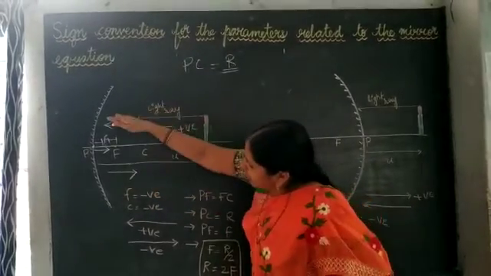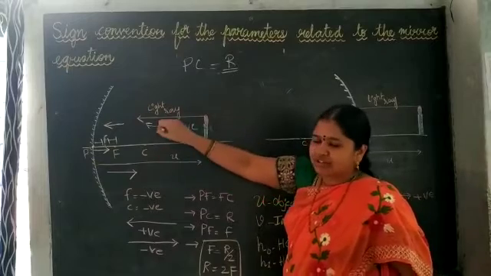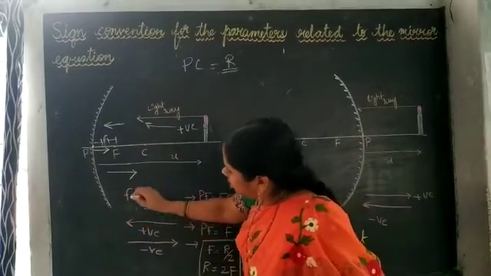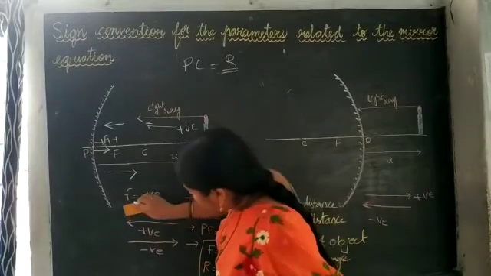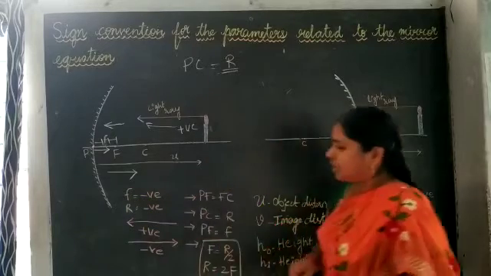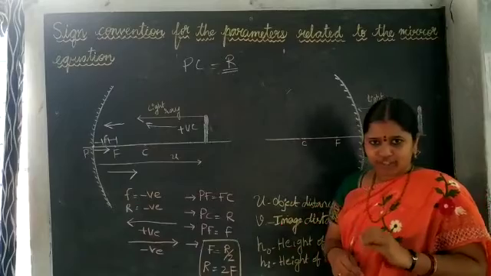This is the incident ray and we are measuring in this direction. So in the case of a concave mirror, the radius of curvature is also negative.